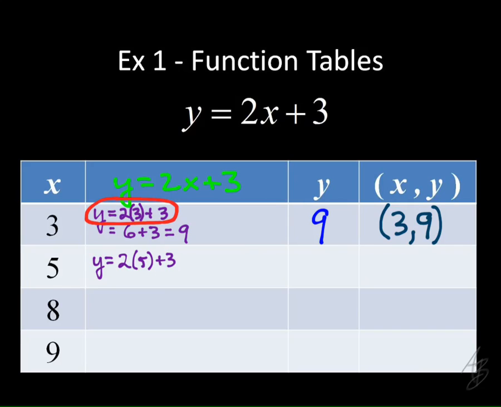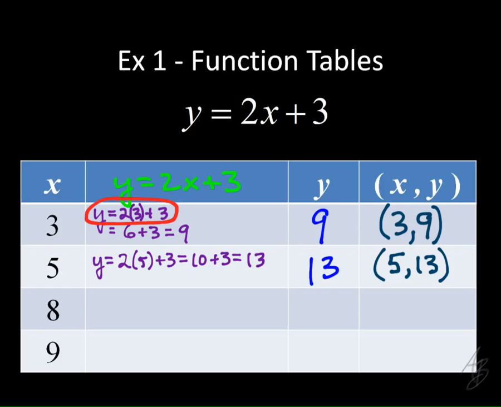Okay, and what is 2 times 5? So we get 10 plus 3, which is 13. All right, so then our y value is going to be 13, and what's our ordered pair going to be, Diavian? I think you meant (5, 13), right?